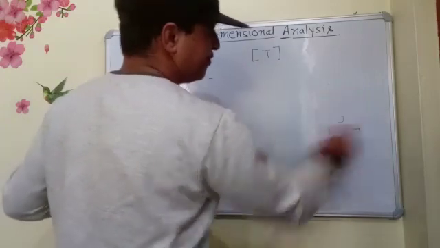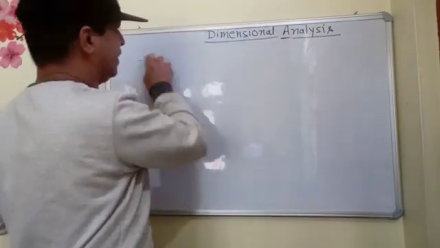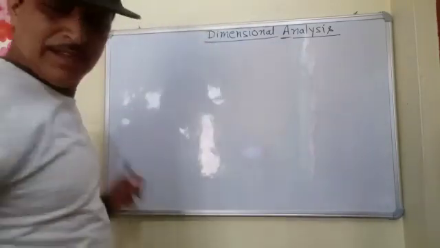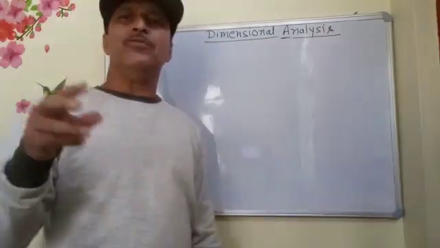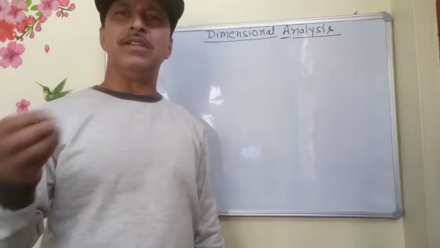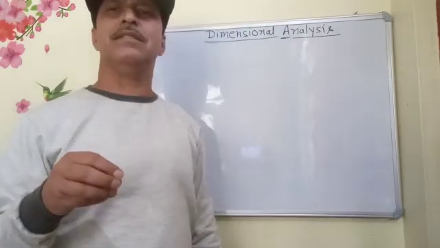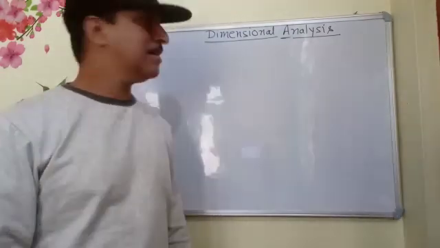Suppose I have a small particle moving at speed v. Then in theory of relativity, we see that the mass of the moving particle is not the same as it is when it is at rest.